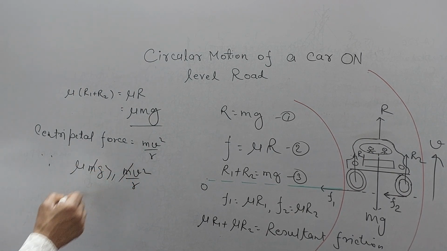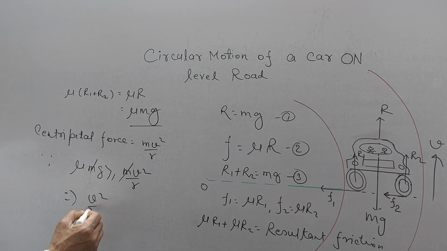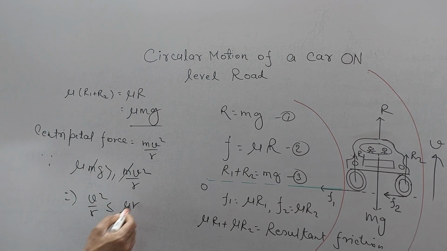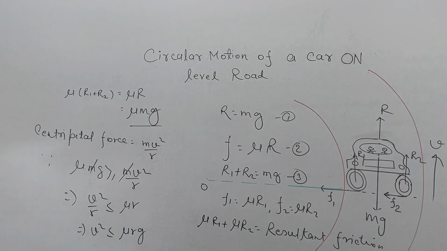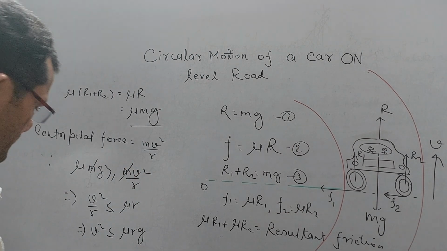From here, cancel out the value of m, and we get mu g, so v square is less than or equal to mu r g.